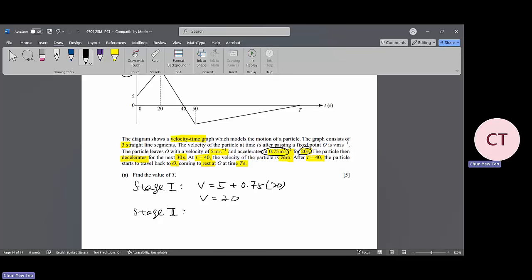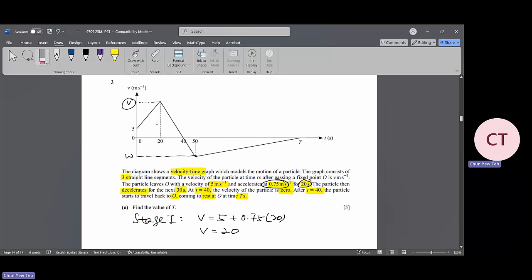Then stage 2. In stage 2, I need to calculate the value over here. I call it W. This one is the deceleration. Maybe we consider 20 to 40, that will be easier for us.